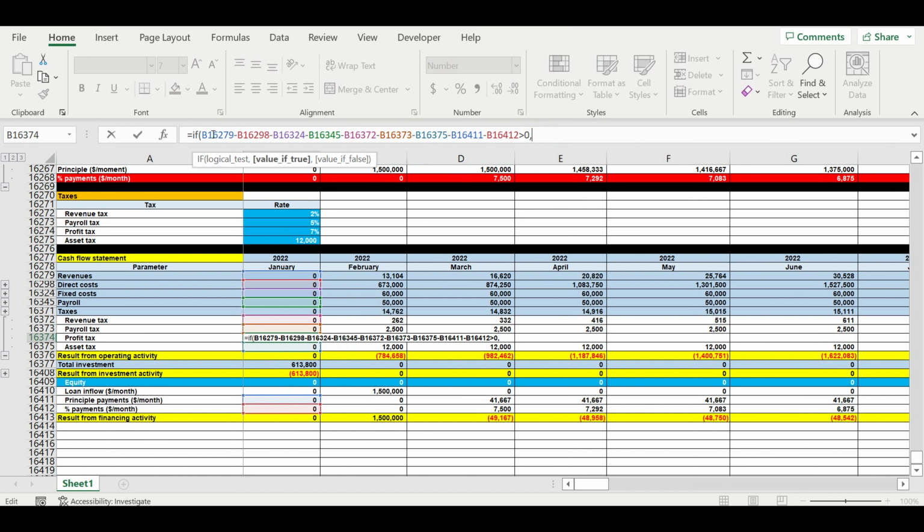then we pay this tax. So this is our tax base, and we multiply it by the tax rate, freezing this cell with the rate.